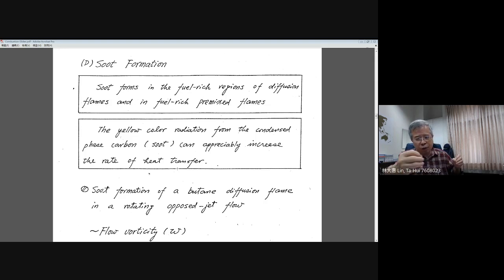Then later on, we supply the so-called secondary air to finish all the burning out. Then you will not have soot or particulates in the downstream side. This is the way people think about how to control the combustion process. You still can have a strong radiation heat transfer, but minimal emissions coming from soot particles.